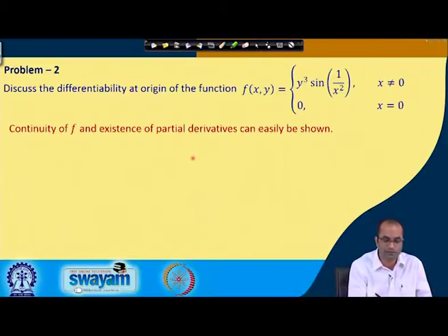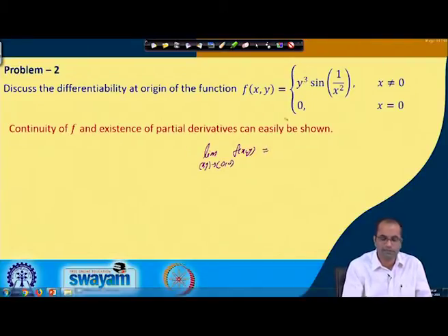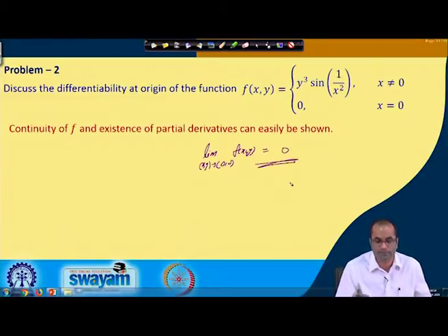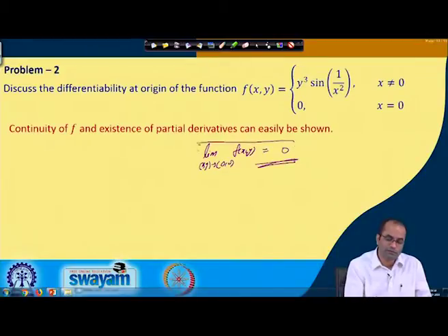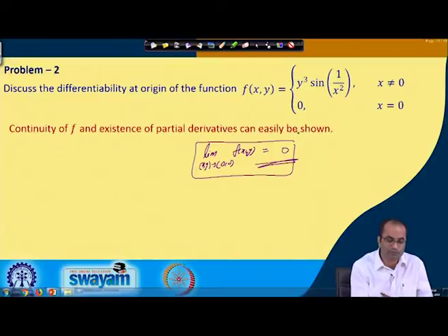So, for the continuity we have to take this limit as (x,y) goes to (0,0) of this function f(x,y), which is trivial here because this is a bounded function sitting there, and then as (x,y) goes to 0, this y goes to 0 and this will be 0, and this is the function value also at the (0,0) point. So, we have the continuity of this function.